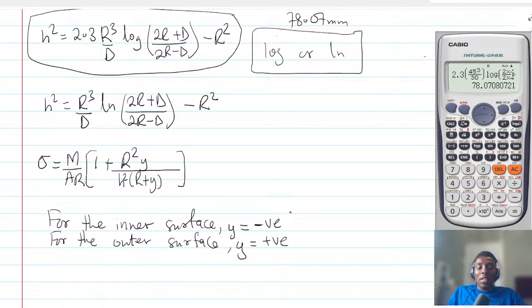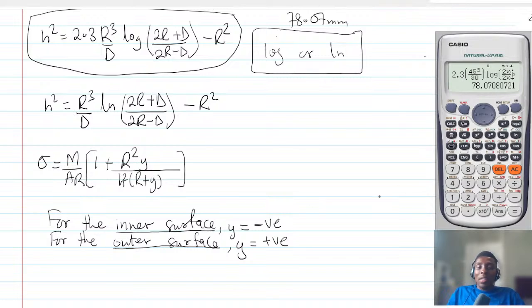In other words, inner surface is the same as compression, and outer surface is the same as tension. Basically, that's all.